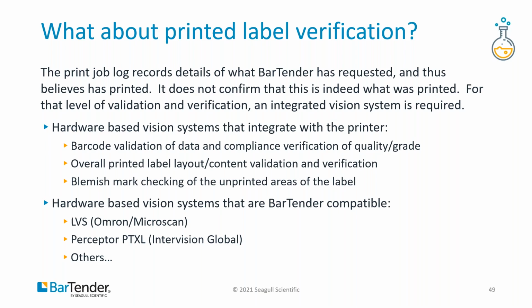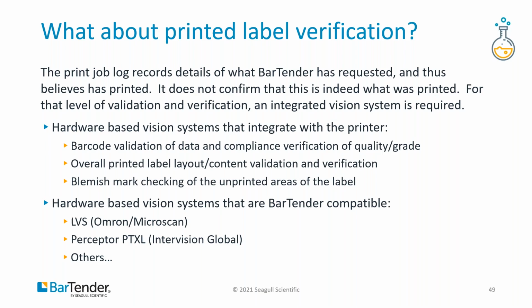So validation and verification, these are two terms that are often confused. Validation has to do with ensuring that the data printed on the label is the data that is expected for that item.